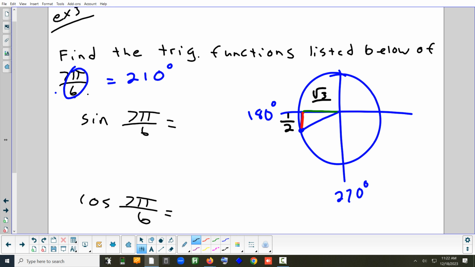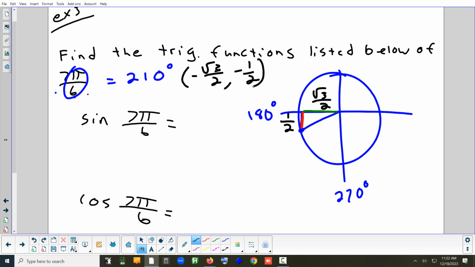Square root 3 over 2. Now, the x and the y, when we write it as a coordinate, are going to be what kind of numbers? They're both what? Yeah, they're both negative. So the coordinate for 210 degrees on the unit circle is negative root 3 over 2, negative a half.